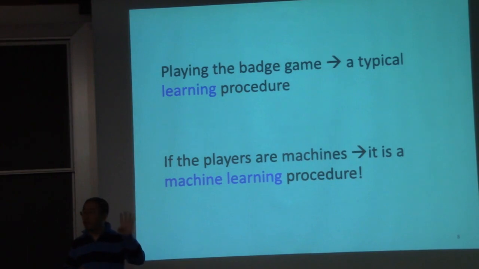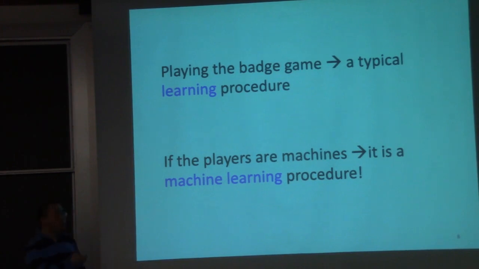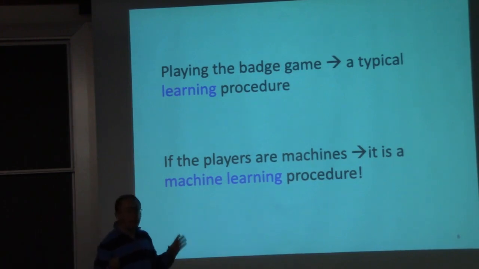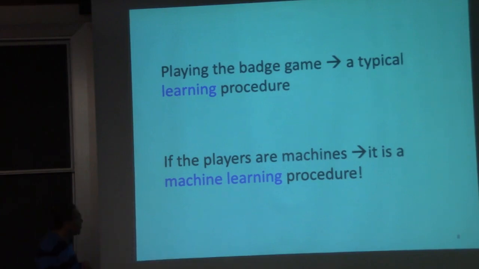So this is typically 3 steps: training example collection, training or learning, and third, prediction. These 3 steps consist of a typical learning process. So now, if we replace players by machine, it's actually a machine learning procedure.